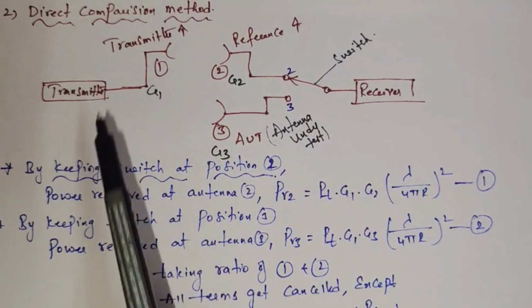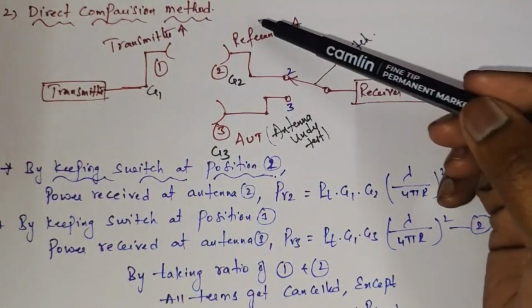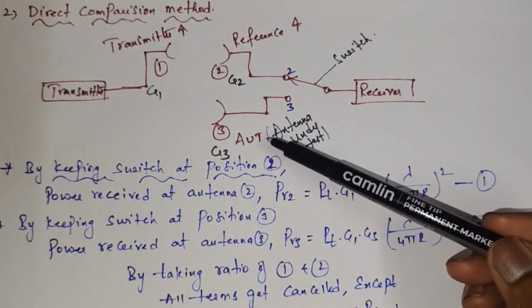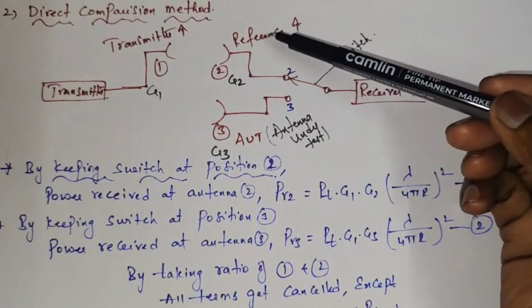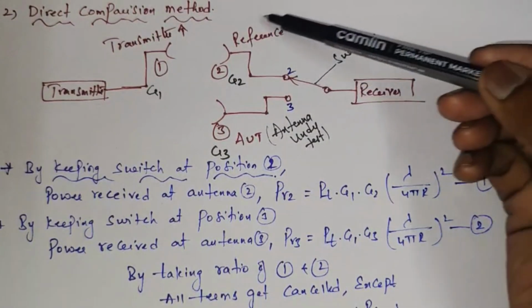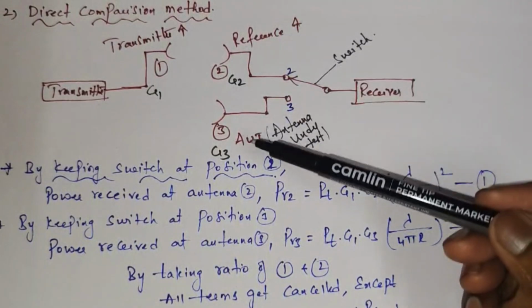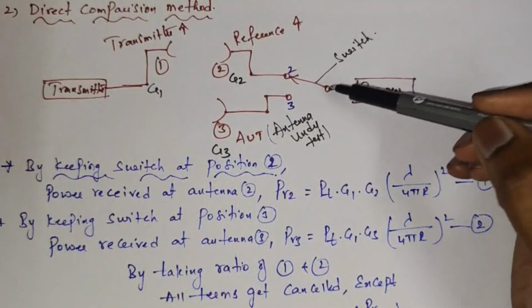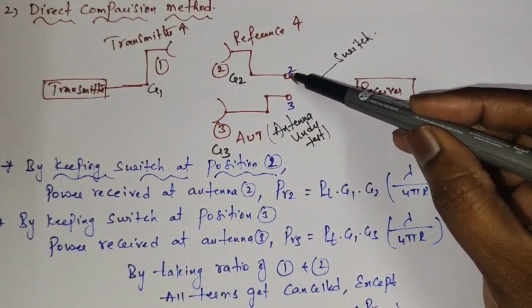Here in the direct comparison method, with the help of the reference antenna, we will be finding the AUT gain. That's why we are comparing with the gain of the reference antenna. First step is we need to connect the switch to position 2.